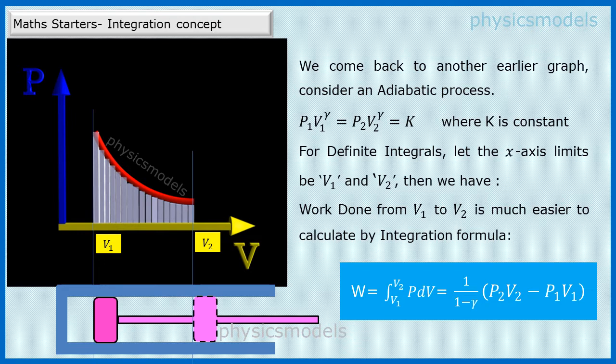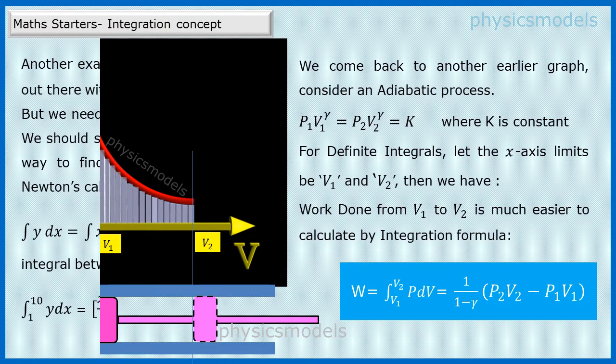P2 V2 is at the extremity of the curve and P1 V1 is the starting point. So this is a very simple equation to handle, and it will give us complete accuracy, and we are not worried about those gaps between the rectangles and the curve. That's the whole advantage of doing an integration.